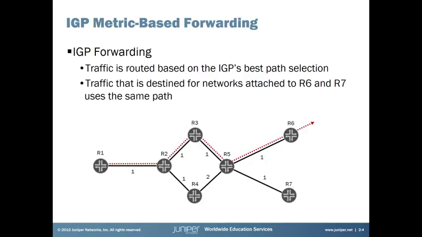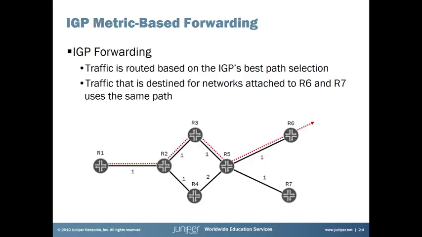Okay, so in a telecommunications network, say the traffic came in on R1 and went out either R6 or R7, if that was where most of your traffic went, you'd potentially end up with R3 being very, very busy.